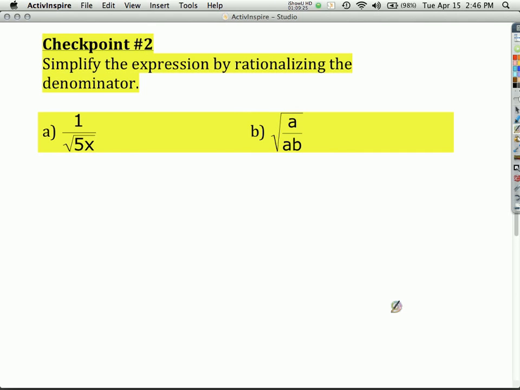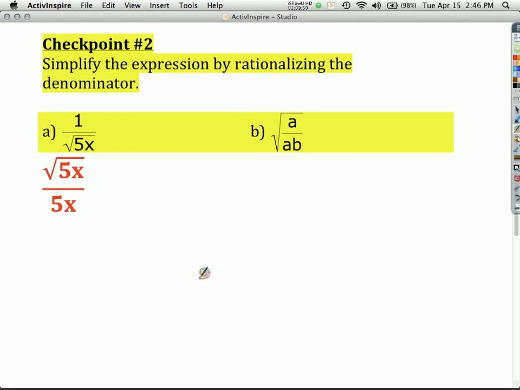What do we get for part A? We'll start with Danielle, Stephanie, and then we'll go to Chris. Radical 5x over 5x. Is that what you said, Danielle? Okay, Chris? Okay. So radical 5x over 5x is correct.